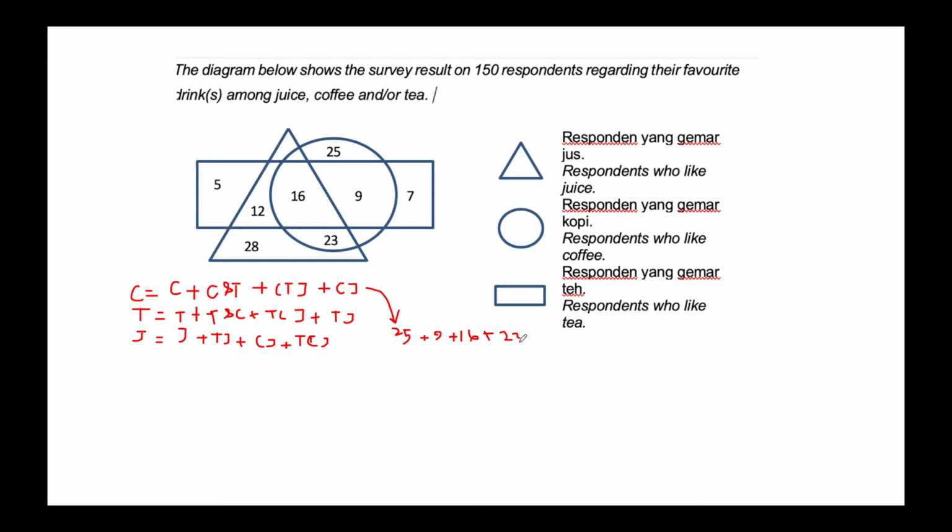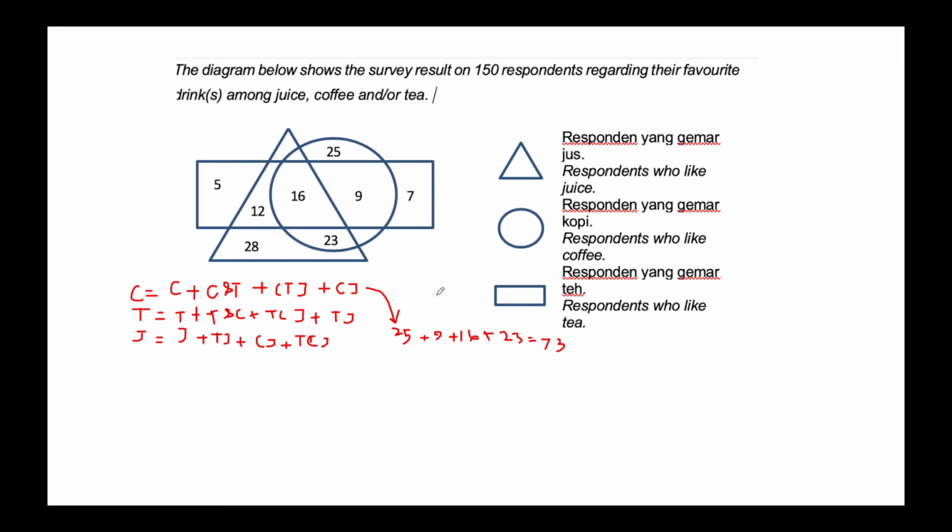So the total here is 70, 72, 73. Is it 73? Yeah, 73.